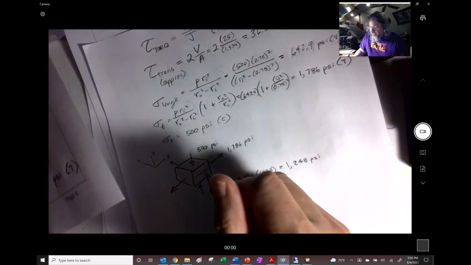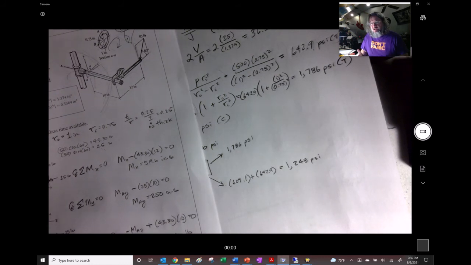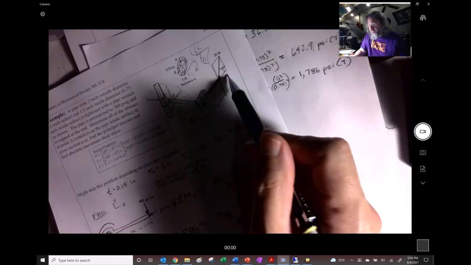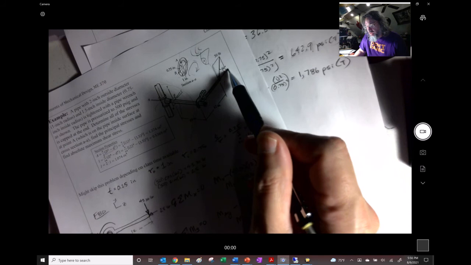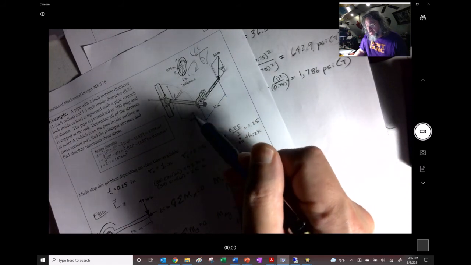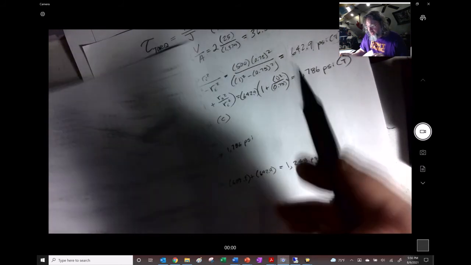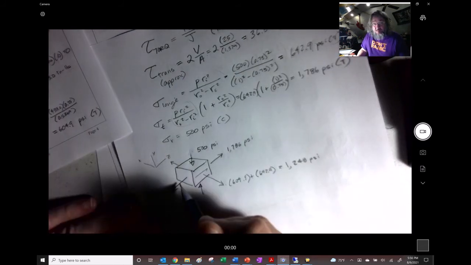But which direction is the transverse shear going? The transverse shear is from this direction, from the force coming across there. So it's actually going across the face in the opposite direction.